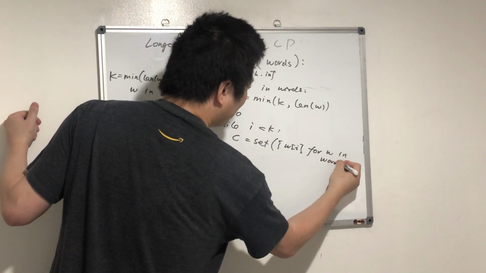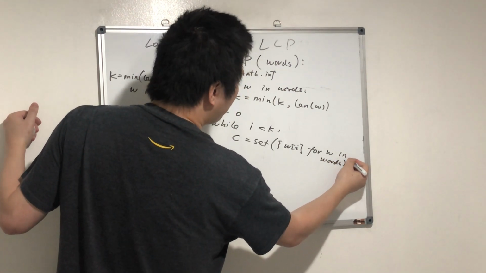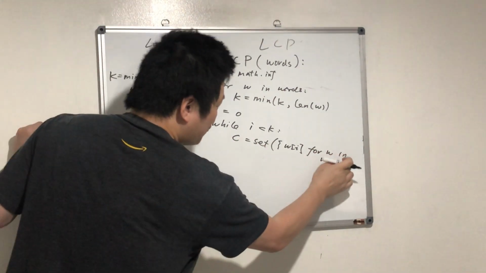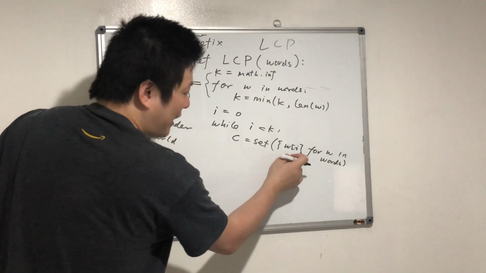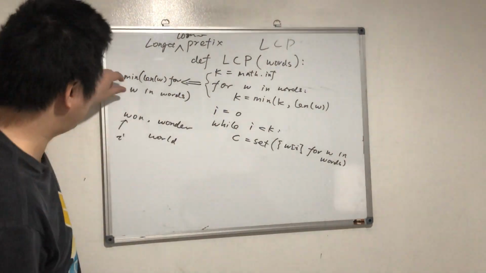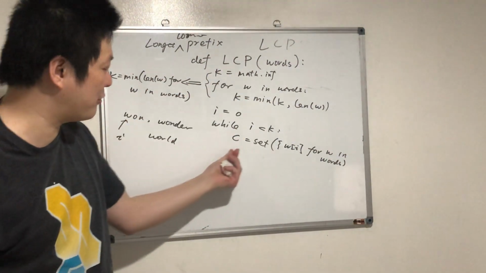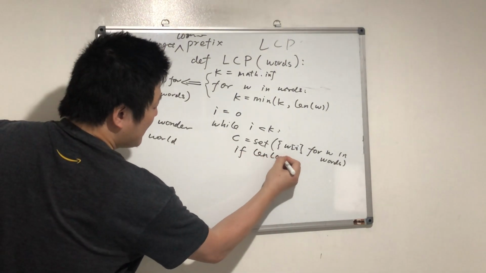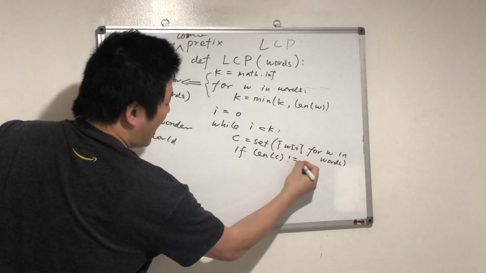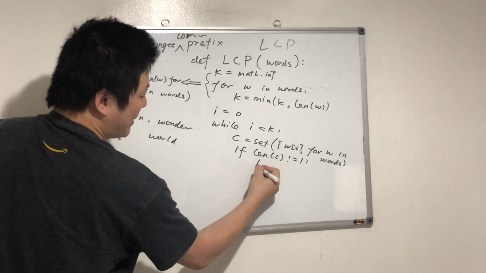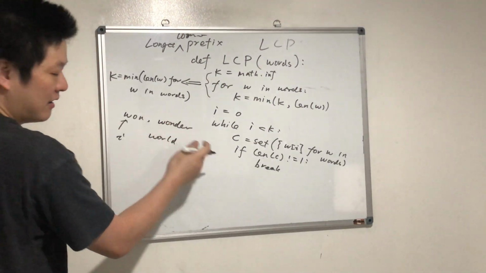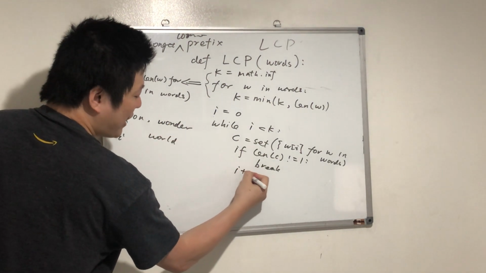So this is the same as C equals set, then for W in words, C.add(W[I]). You can turn it into 3 lines like this, but we're using 1 line. Then if length of C not equals 1, then break, because we found more than 1 character, so it's not all the prefix. Otherwise I plus equals 1, then we check the next character.